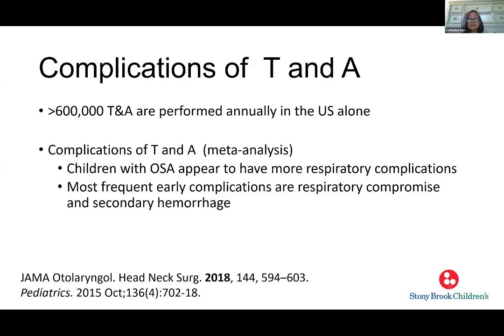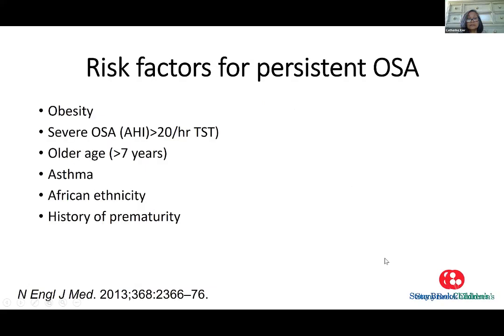Children with OSA appear to have more respiratory complications. Usually they are respiratory compromised because a good number of them are obese, and a good number of them are patients with comorbidities like asthma, allergies and rhinitis. Secondary hemorrhage, post-op bleeding, is also common.